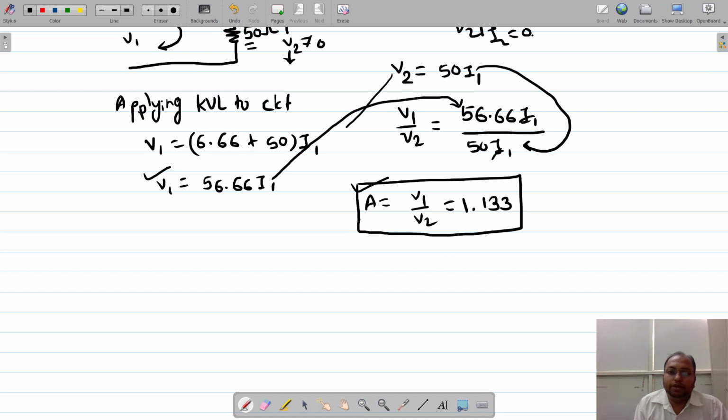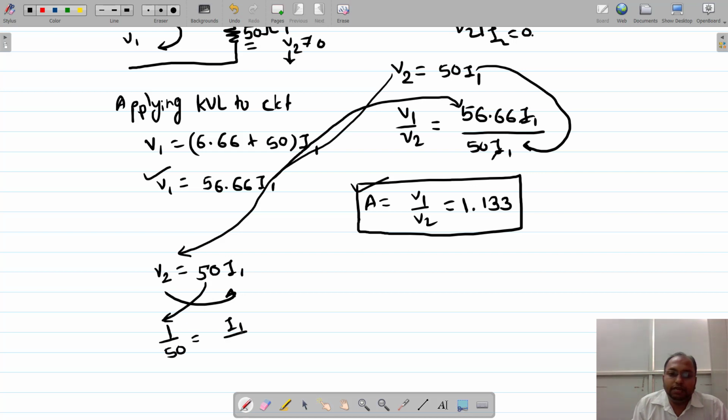Let me recall this. V2 is equal to 50 I1, am I right? Taking V2 to the right hand side and 50 to the left hand side, 1 by 50 is equal to I1 by V2. And what is this? This is nothing but my C.